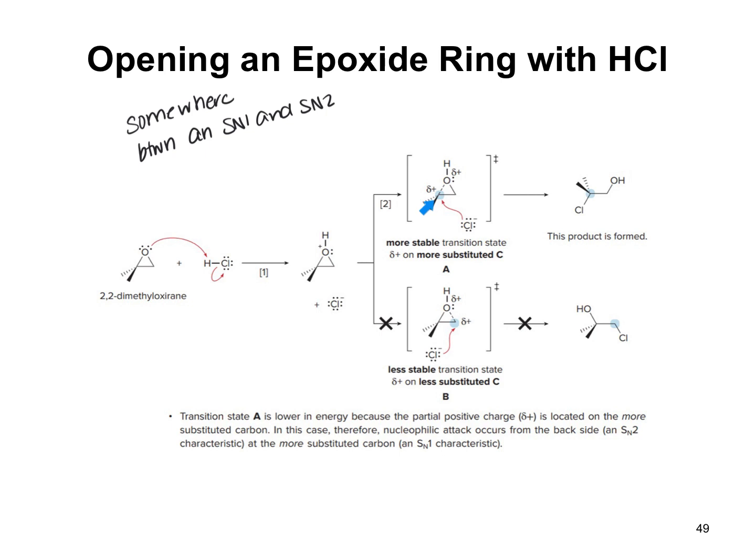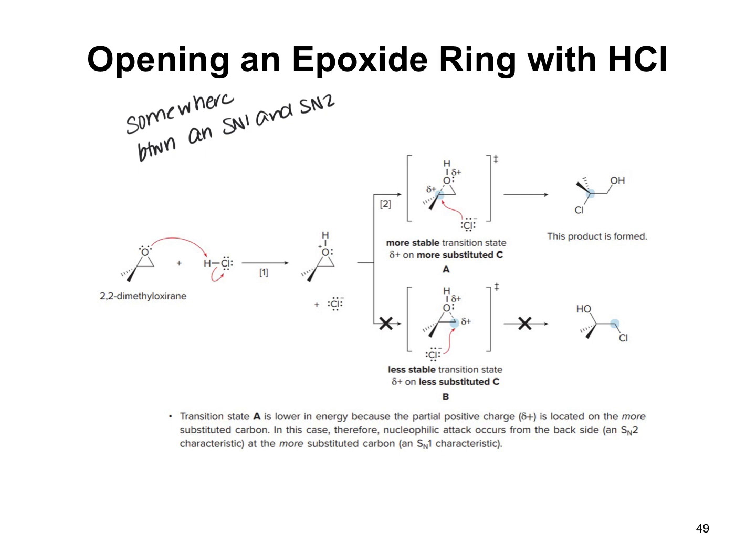Remember that these alkyl groups donate electron density to stabilize a partial positive charge. So because of this stabilization, that is why the chlorine is added to the carbon with more substituents. And so this product is formed.